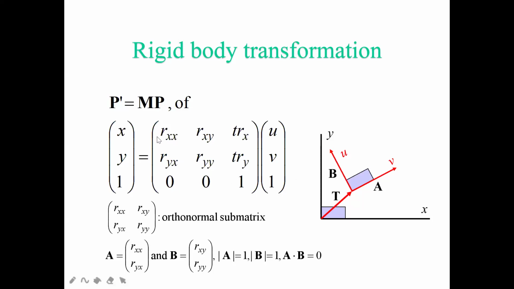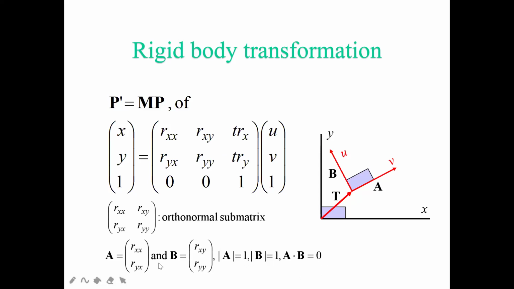So now what is the value of your A? I told you the first component will be your A. So the value of your A, if I consider it in a 2D plane, will be Rxx, then below it Ryx. You can see here. And what about your B? Rxy, then below it Ryy. This is the matrix. Now here, if the modulus of your A equals 1, because we have called it normal already, then as it is normal, A dot B has to be equal to 0.